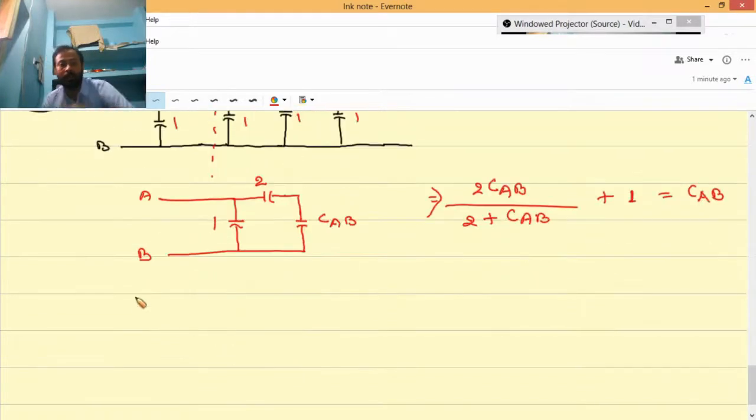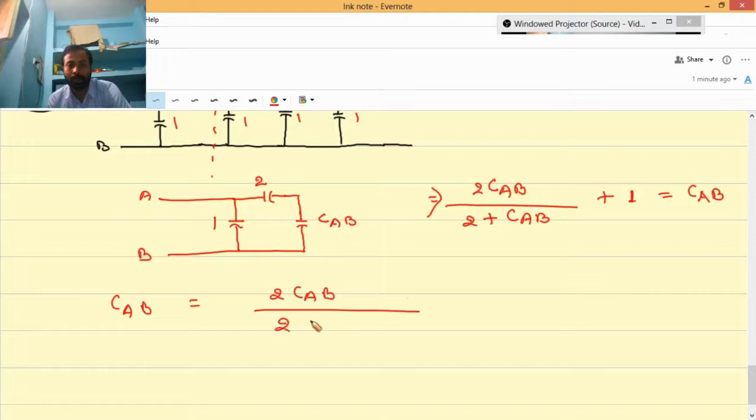So C_AB will be exactly equal to 2 C_AB divided by 2 plus C_AB, plus this value which is 1 here.